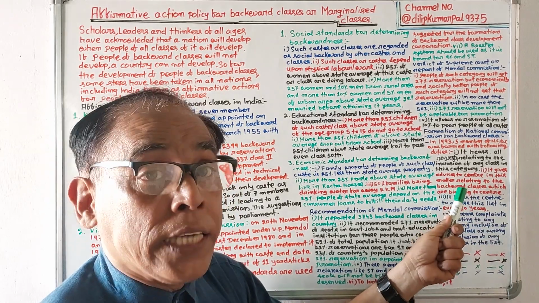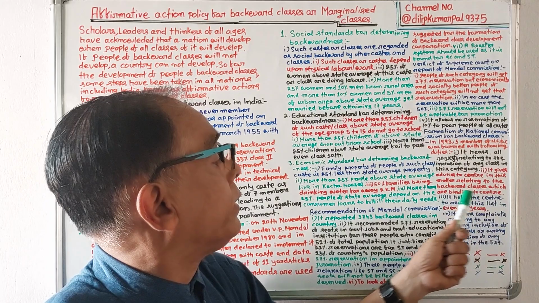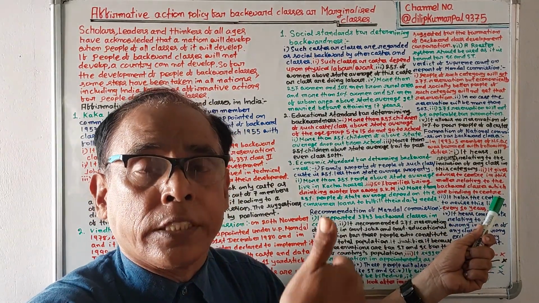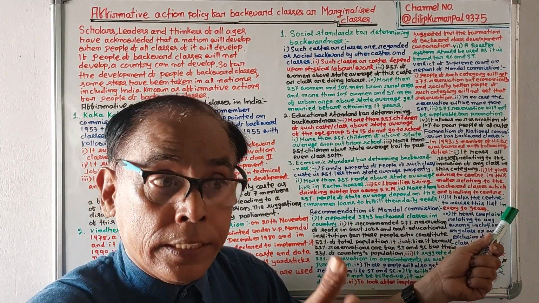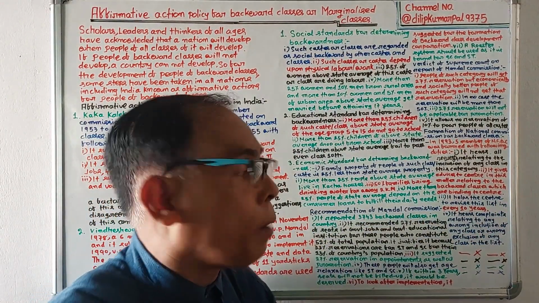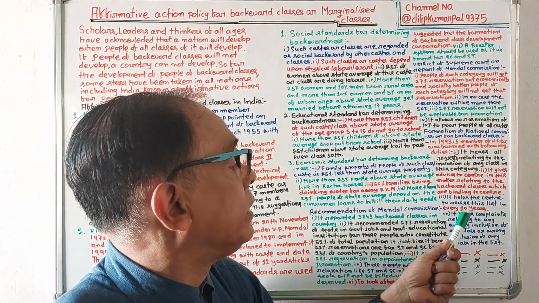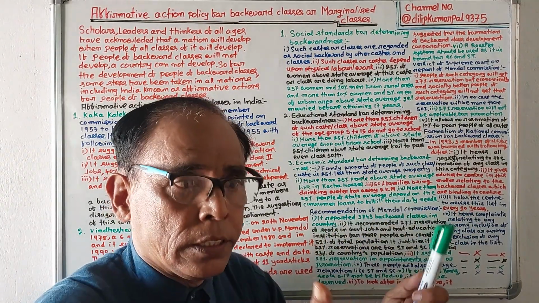It gives advice to the central government on matters relating to backward classes, and these recommendations are binding on the center. It helps the central government to revise this list every 10 years.